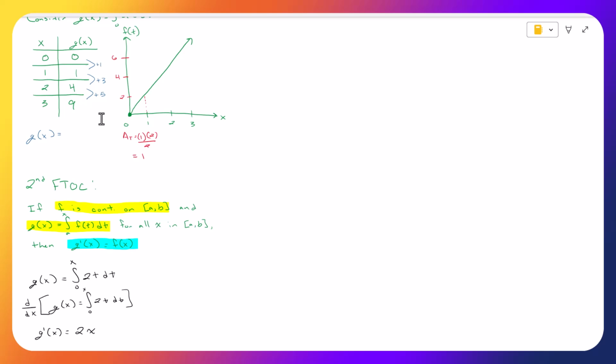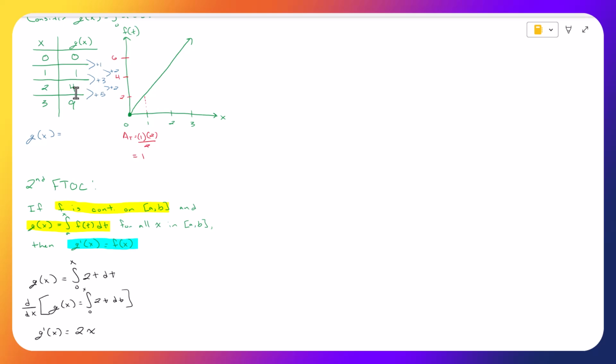But if I look at the rate of change of the rate of change, it's going +2, +2. Well, that tells me that the rate of change of the rate of change is constant. And that actually is part of our definition of a quadratic function. So this is a quadratic function, and it goes 0, 1, 4, 9.